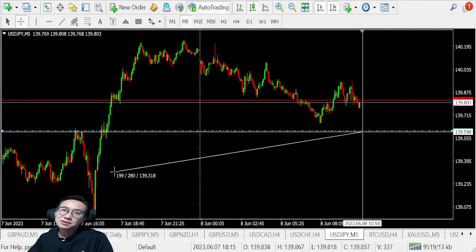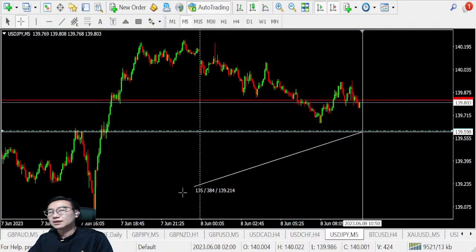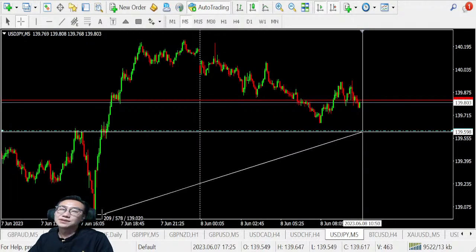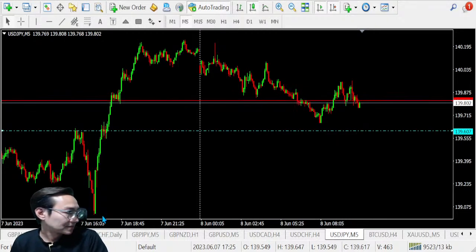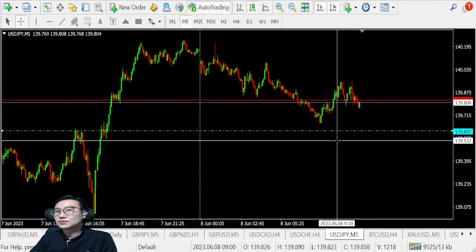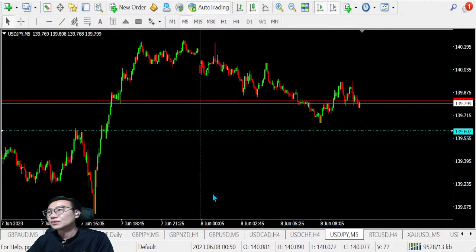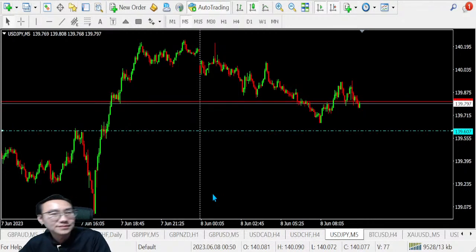First stage is 30, okay 25. Then after that, a total of 57. That's for the dollar yen. If I want to sell, I want to sell below this area, 139.607.